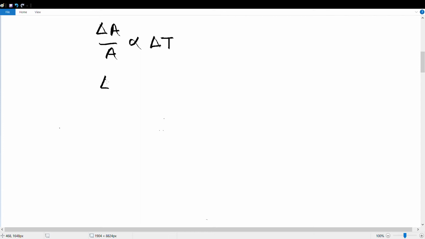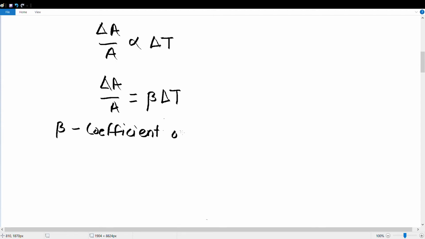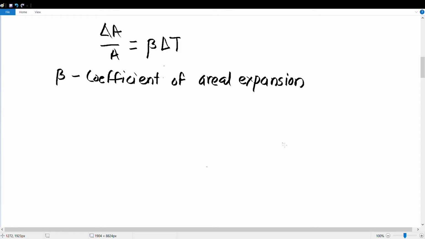This del A by A is equal to beta del T, where beta is known as the coefficient of areal expansion, or the coefficient of superficial expansion.